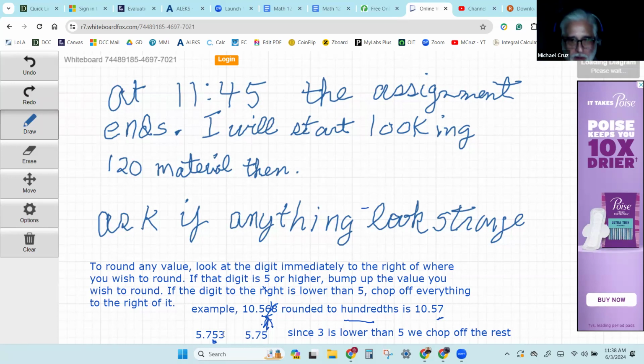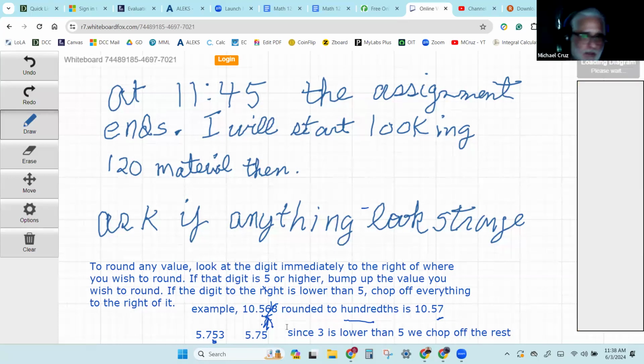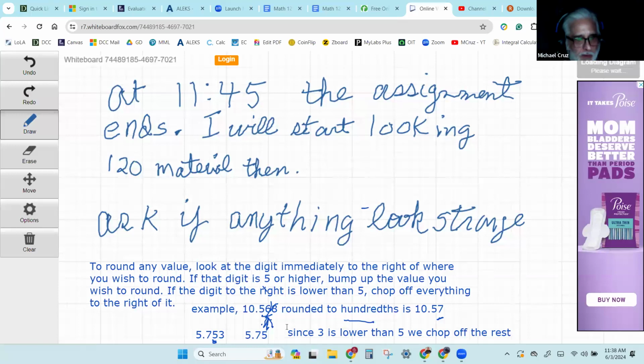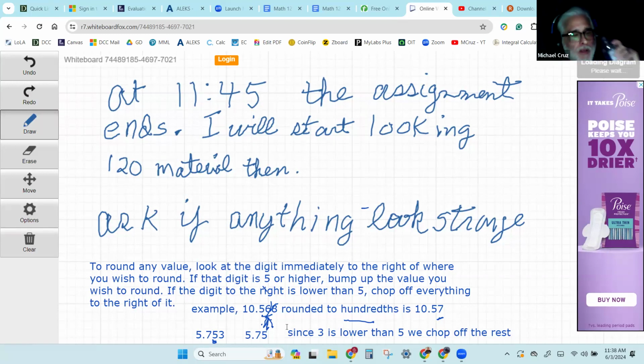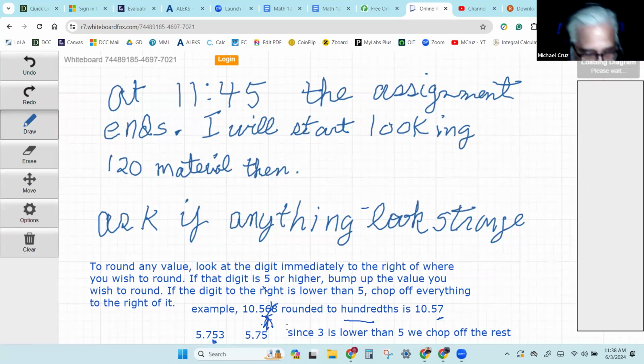That 3 is below 5. It has nothing to do with that 5. If you're rounding and the number to the right is 5 or higher, then you bump up the number you want to round to. If it's lower, then you just chop it off. It's not anything really earth-shattering. You're just going to make it shorter, and you want to make sure that it's more or less accurate.